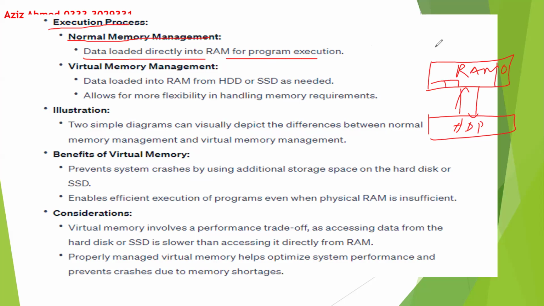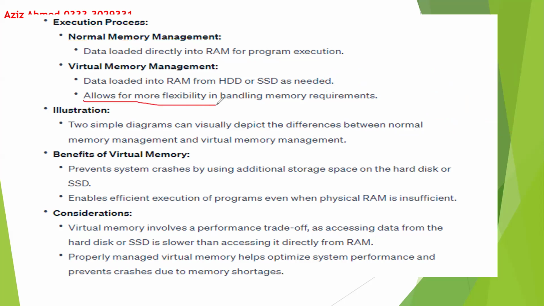Some area is occupied by the operating system. So input device data is transferred into RAM. Data is loaded directly to RAM for program execution. So whatever data I give, it transfers to RAM. It allows more flexibility in handling memory requirements.